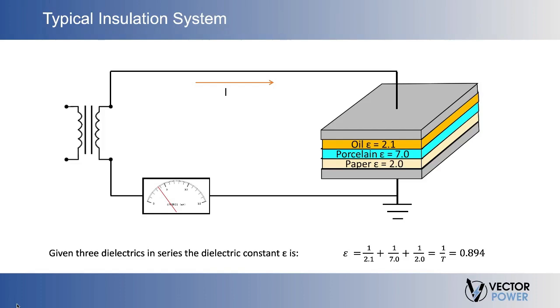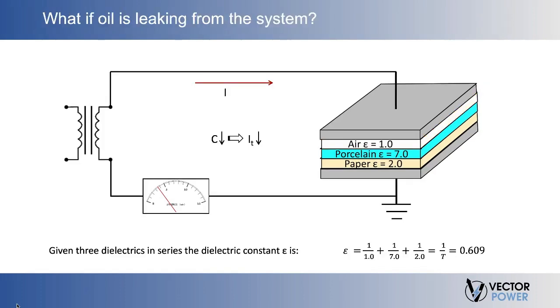Now, if we were to substitute air, for instance, oil is leaking from the bushing, so we are now substituting air as the dielectric instead of oil, the overall dielectric constant of the insulating system changes.